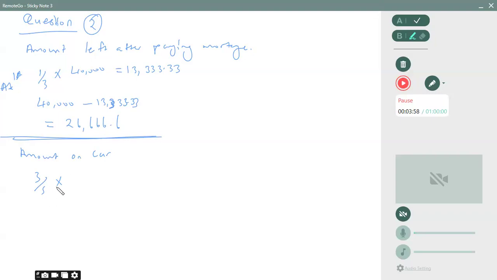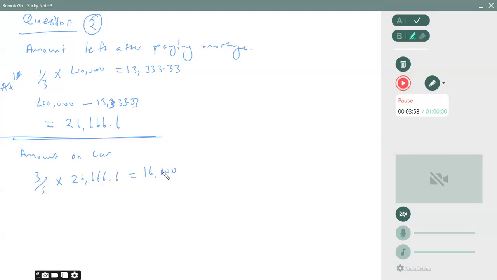So it will be 3 out of 5 times 26,666.6. So the amount here becomes 16,000 when you try to compute, or someone can confirm.